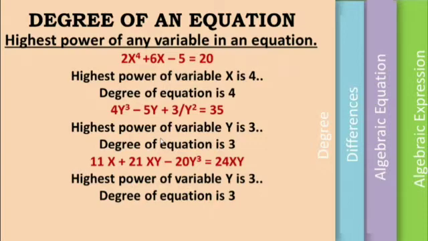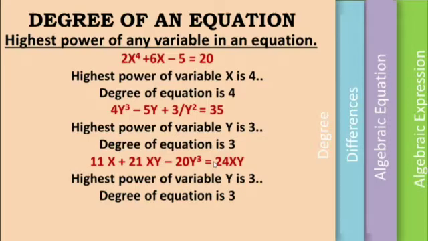For a multivariable polynomial, it is the highest sum of powers of different variables in any of the terms in the expression. For example, take this equation 11x plus 21xy minus 20y cube equal to 24xy. Here you have two variables, that is x and y.